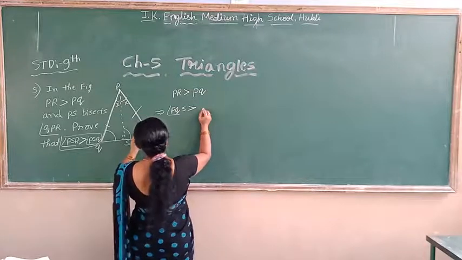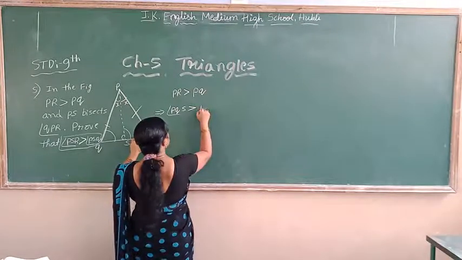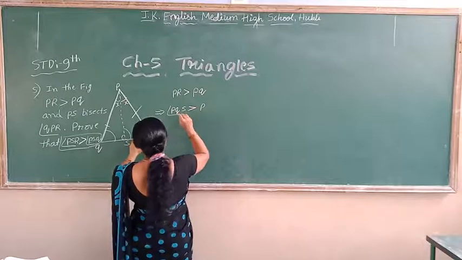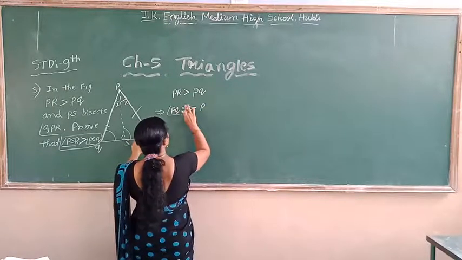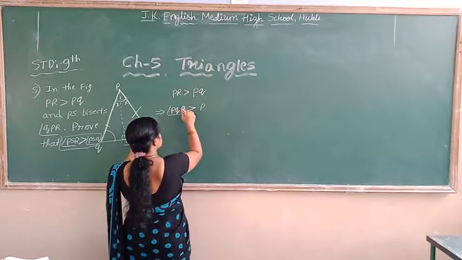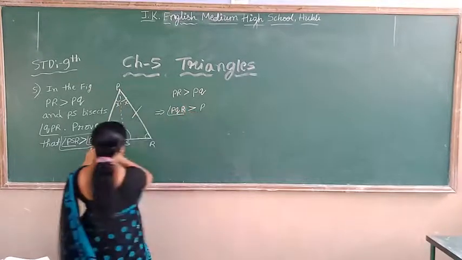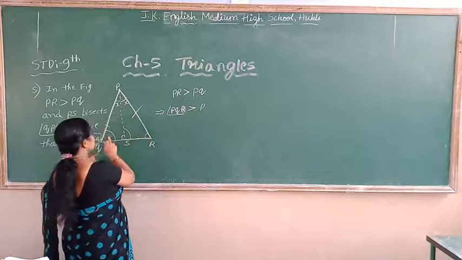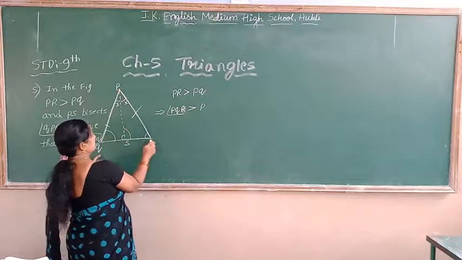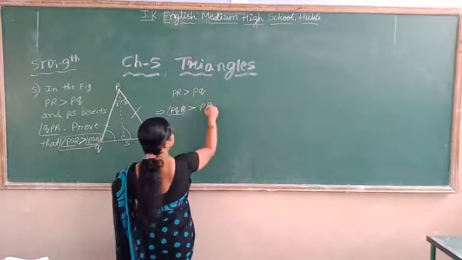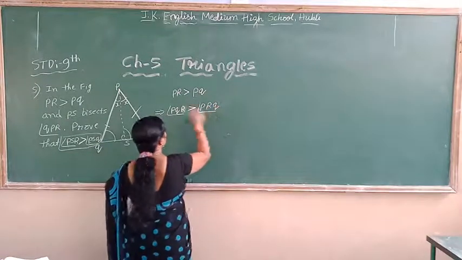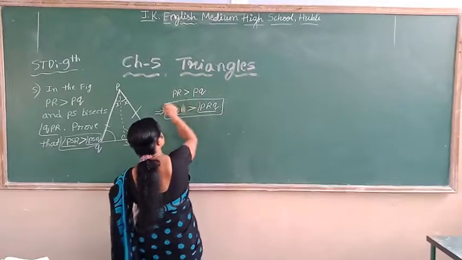Angle PQR or PQS, because we are considering triangle PQR, opposite to the longer side is a larger angle, so PQR is greater than PRQ. You call this equation number 1, children.